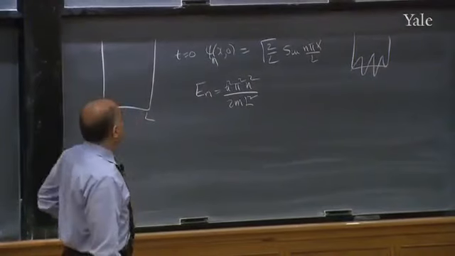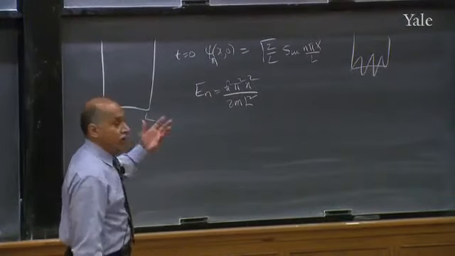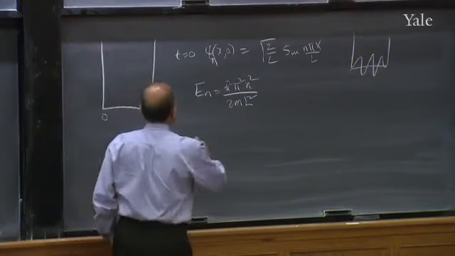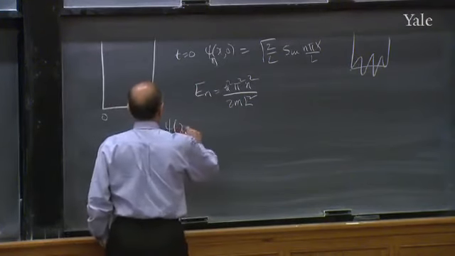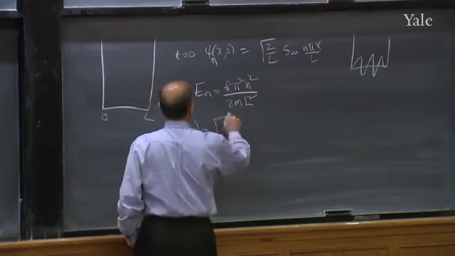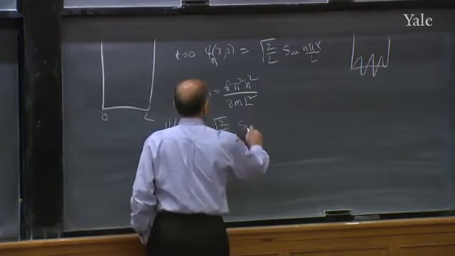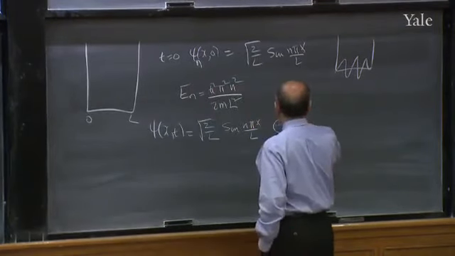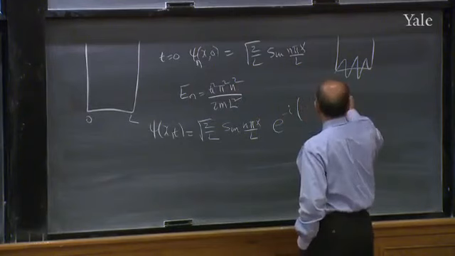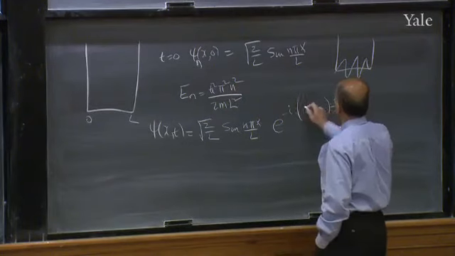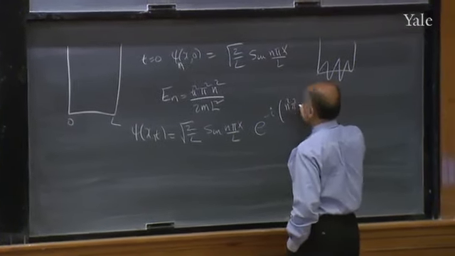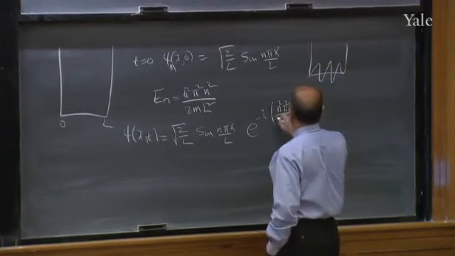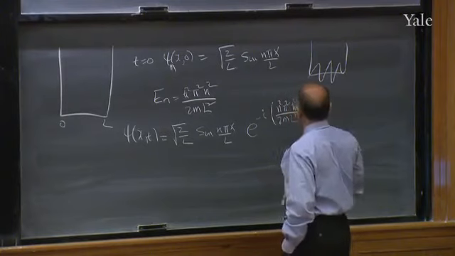And the reason why I would be so interested in this function, now I can tell you why. If this is my initial state, let me take a particular n, then the state at any future time, psi of x and t, is very simple here: square root of 2 over L sine n pi x over L times e to the minus i E t over h bar, but energy is n squared pi squared h bar squared over 2m L squared.